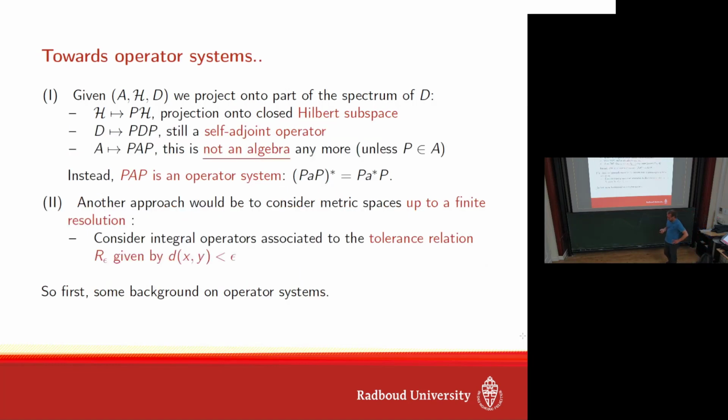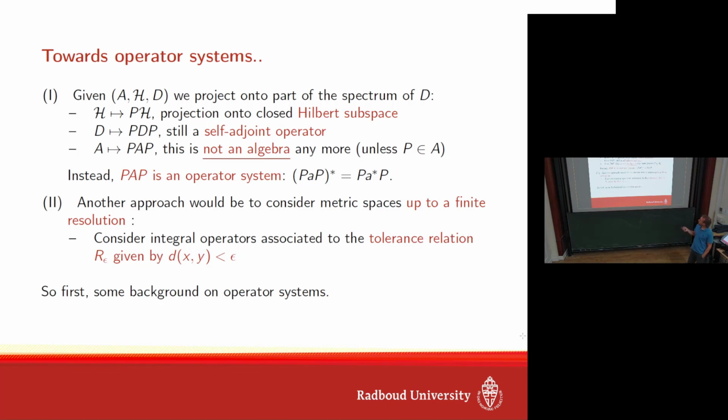Okay, so slowly moving towards operator systems. What you have is A, H, D, my spectral triple. If I truncate that, then first of all I can take a spectral projection P for D. You can restrict to the range of that projection, so that's still in Hilbert space. PDP is just a restriction of this operator that naturally acts there, so there's still a self-adjoint operator, so this is all fine.